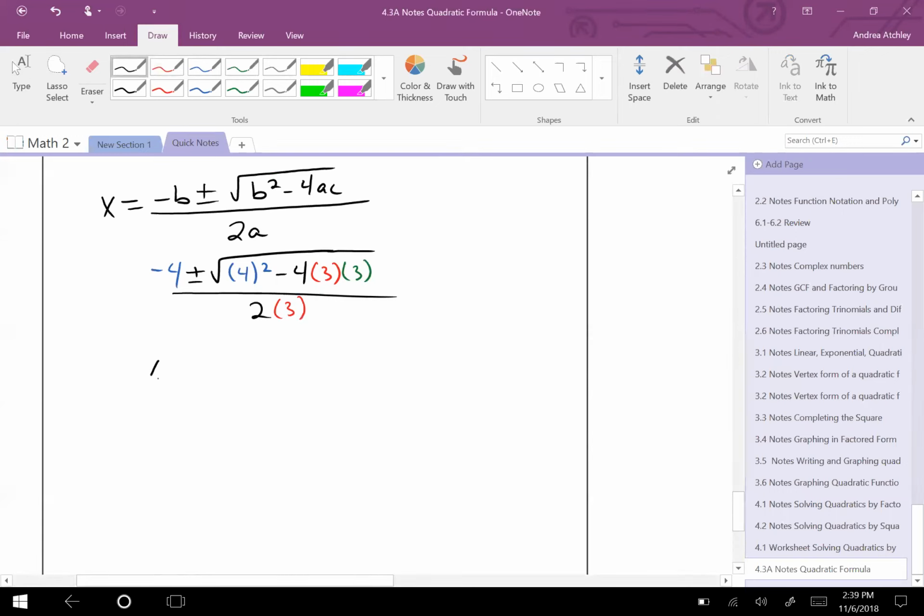Then we substitute, then we simplify. 16. This should stay negative, and 4 times 3 is 12. 12 times 3 is 36.